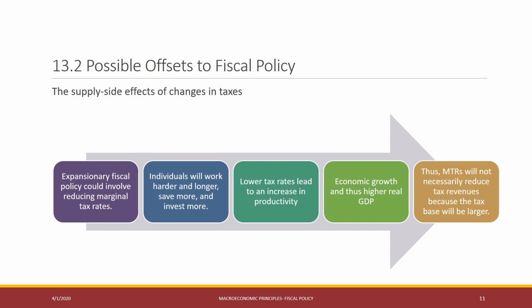So the government, by applying a lower marginal tax, will not necessarily lose the tax revenues, for the lower marginal tax will be applied to a growing tax base because of the economic growth. After all, tax revenue is the product of tax rate times tax base. So if you want to find out the amount of tax revenue, you have to multiply the tax rate with the tax base.